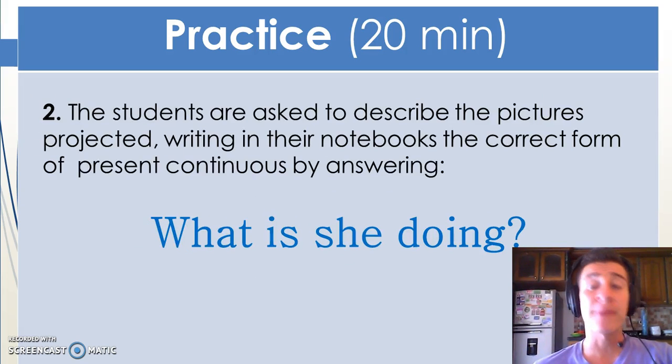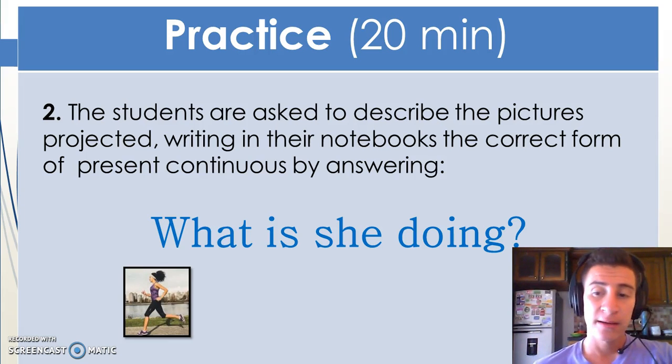Here we have the second part of the practice. It takes about 10 to 20 minutes. The students are asked to describe the pictures projected through the video beam and write in their notebooks the correct form of the present continuous by answering the following question: What is she doing?